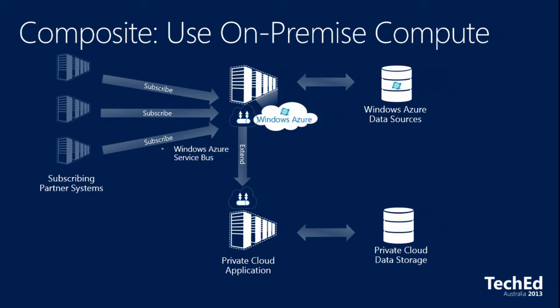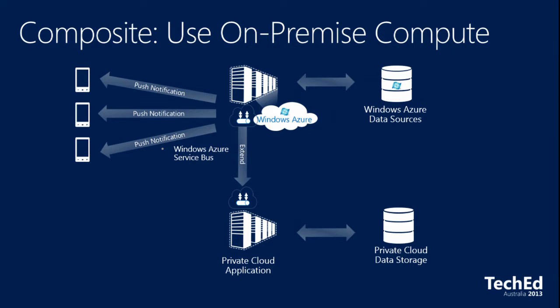I create a whole bunch of topics, post to those topics, and then these partner systems subscribe to those topics and grab the messages, without me having to create a lot of infrastructure on my on-premise environment to connect out to those environments or those users.